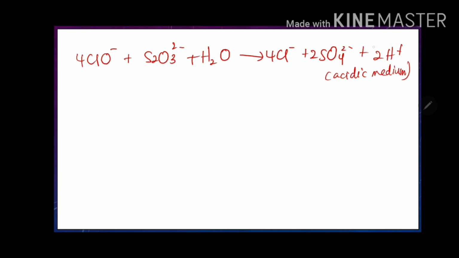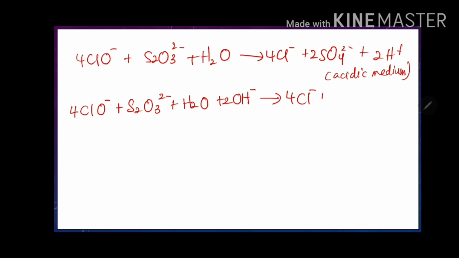So there is 2 H+ here. So you have to add 2 OH- to both sides. Plus 2 OH- on the left produces 4Cl- plus 2SO4 2- plus 2H+ and plus 2 OH-.